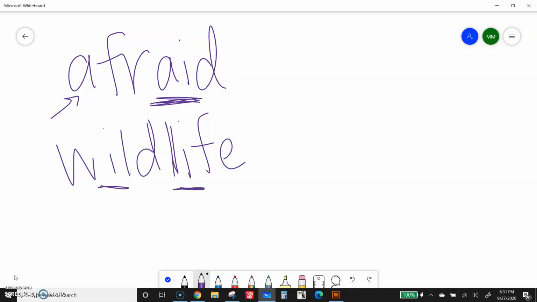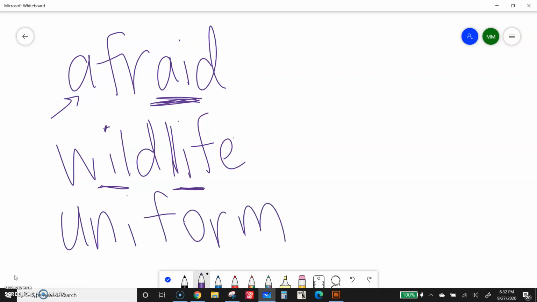So that one actually has two long vowel sounds in it. One is just the I by itself, and the other one is that E, making the I say its name. Sometimes we have words that have more vowel sounds in them. So this is uniform. Okay, U, that's saying its name, so it's long. Oh, no, that's short. Form. That is a long vowel sound. So words can be a mixture of long and short vowel sounds.